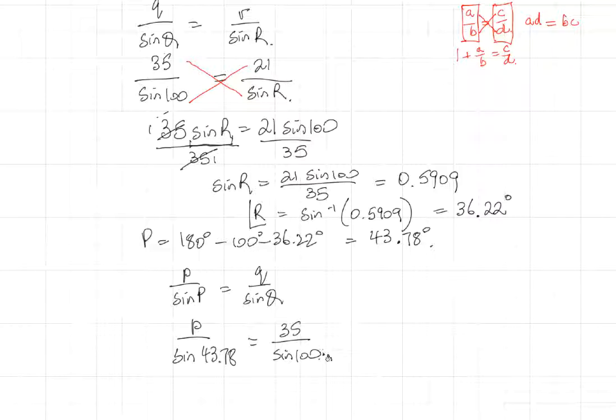Once again, we can use cross multiplication. And because I am trying to find P, I'm going to do it in this direction here first. So we've got p sine 100 equals 35 sine of 43.78.